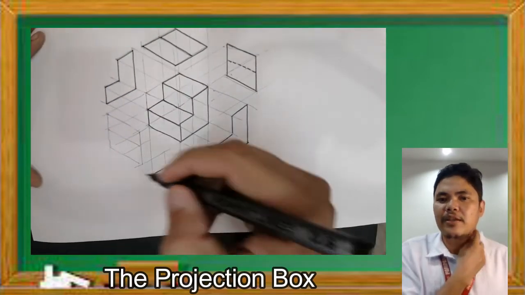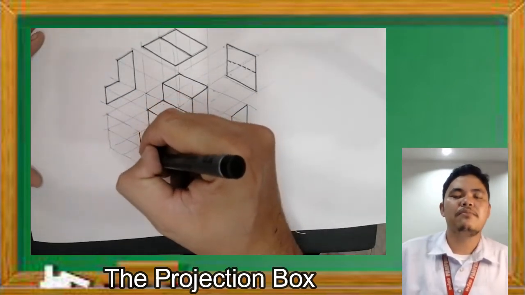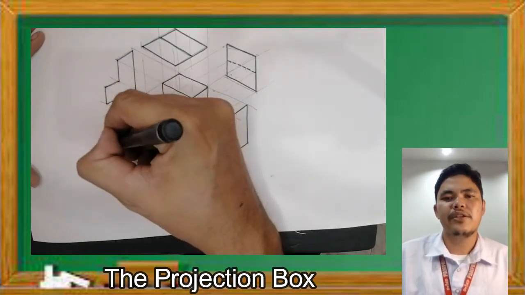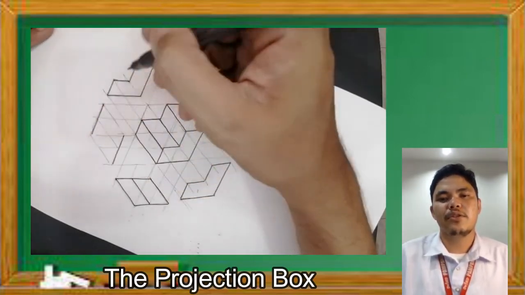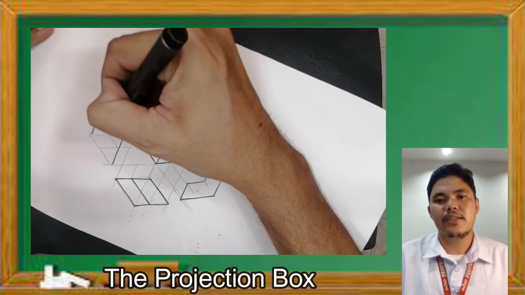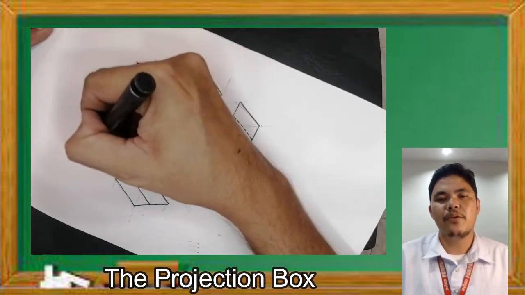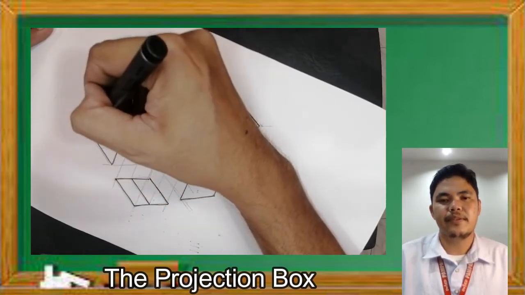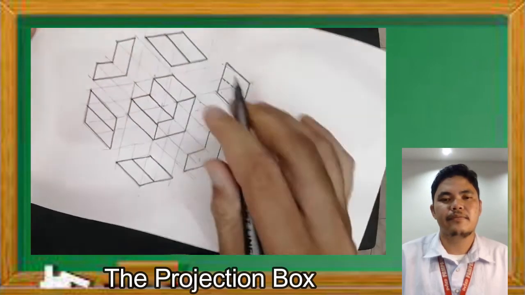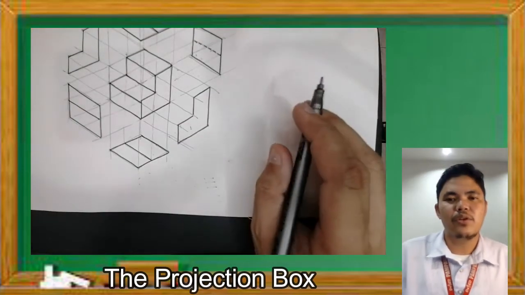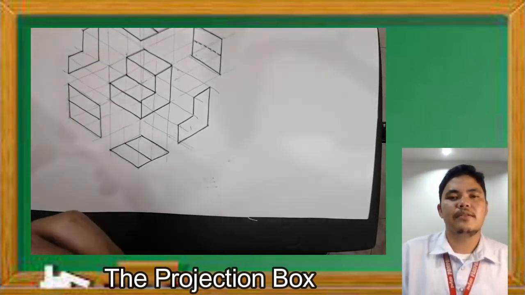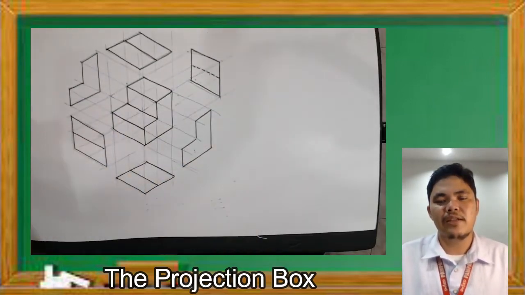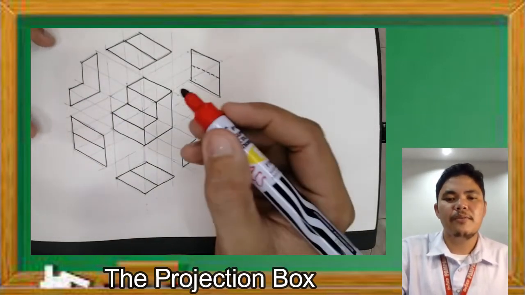So ginagamit natin dito is what we call the visible line. Another thing, so the last one is tracing the front view of the object. So this is what we call the visible line. Okay. And then yung mga malabong lines na nakikita natin, these are just what we call the projection line.